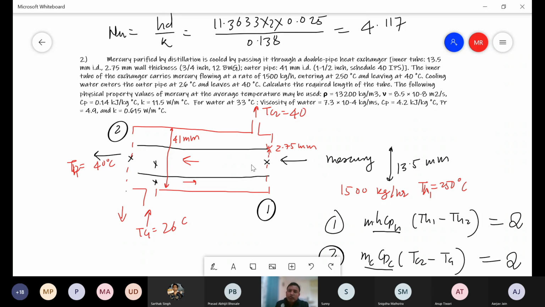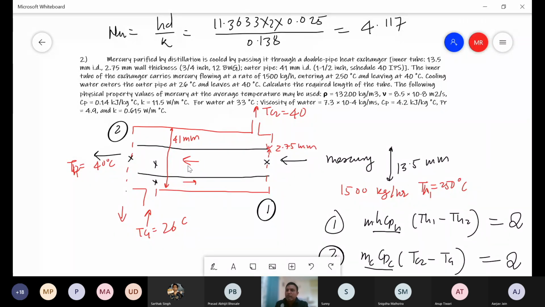Mercury is flowing through the inner tube, whereas the water is flowing through the annular space. Okay. And what we are interested in is to find out how much length of the double pipe heat exchanger is required. That is what the question is. If you look at it, calculate the required length of the tube. Okay. Correct. So these temperatures are given. These different values are given.